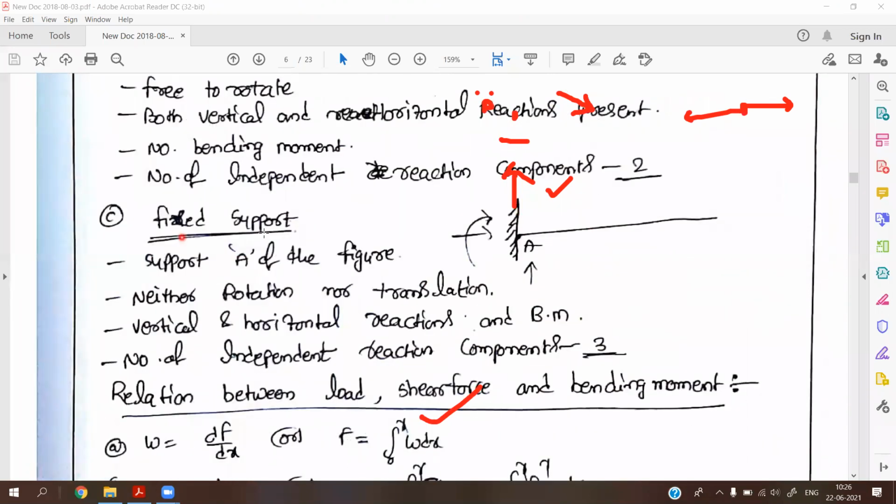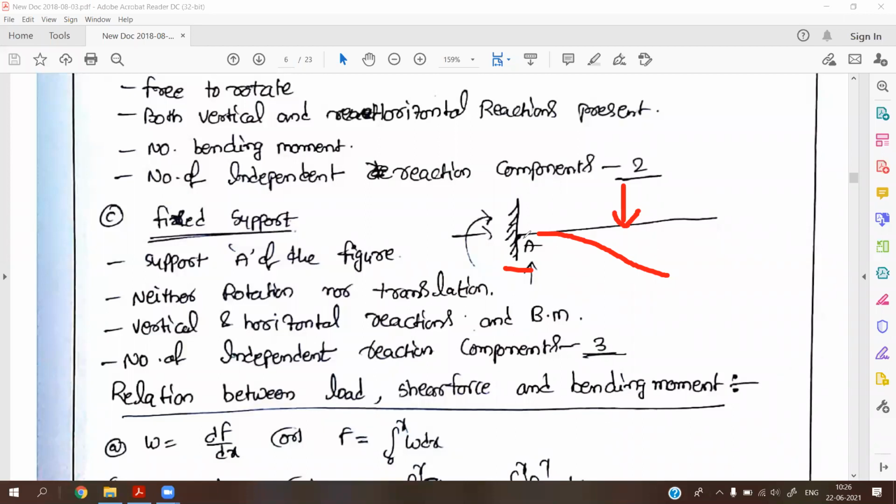Next, the fixed support. If you observe a fixed support, for example this fixed support A, initially without load the beam is like this. After loading, the beam may bend like this, or take some deflected shape like this.